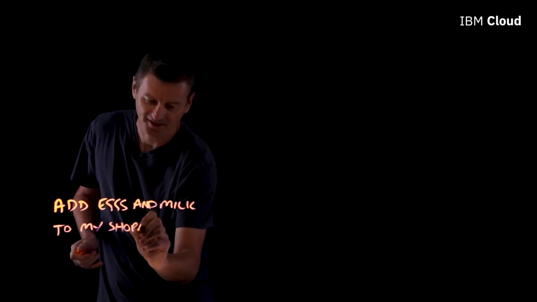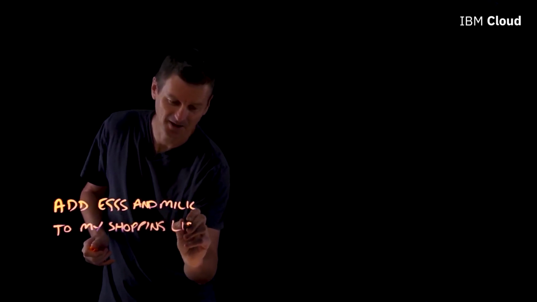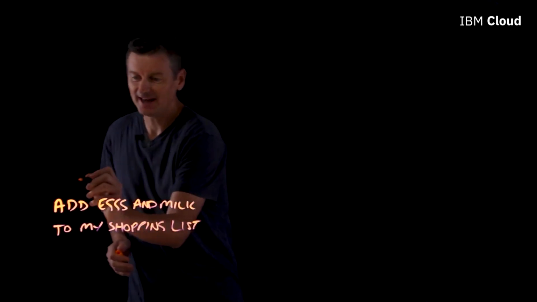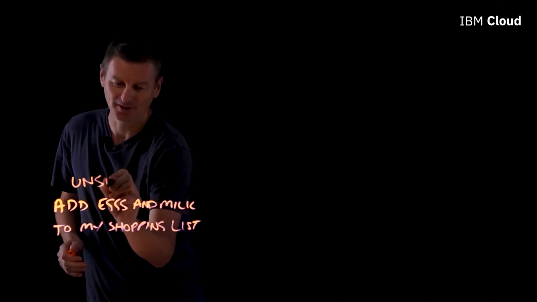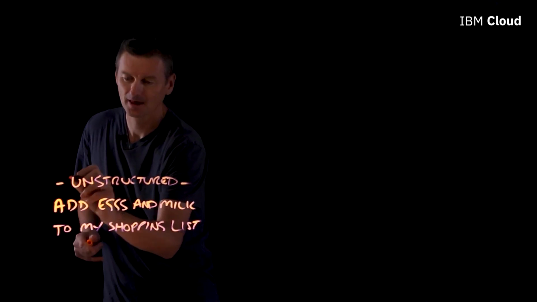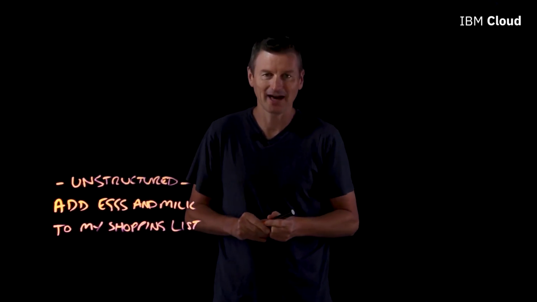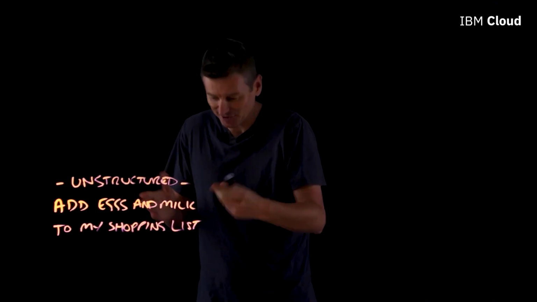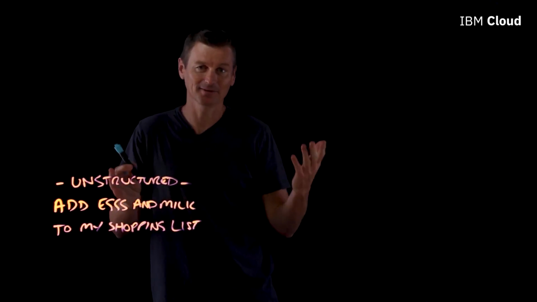Now, you and I understand exactly what that means, but it is unstructured, at least to a computer. So what we need to do is to have a structured representation of that same information that a computer can process.